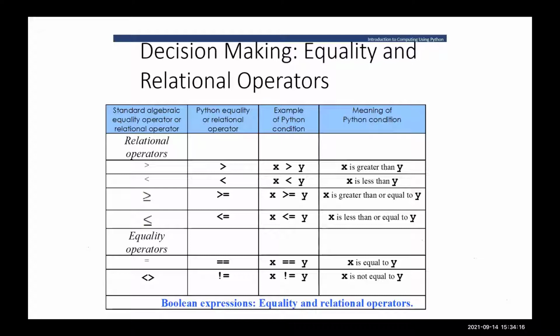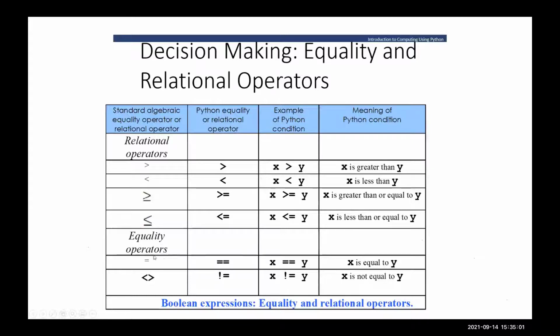When I would like to evaluate which variable is greater than the other, in standard algebra it's the greater-than sign, and in Python it's still the greater-than sign. For greater than or equal, this is how I write it in Python: x greater than or equal to y, and less than or equal.